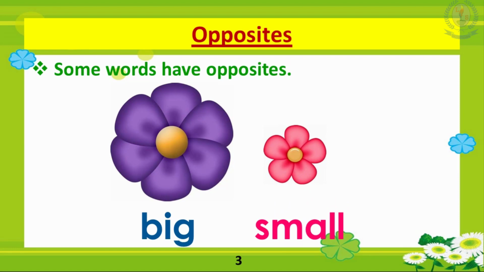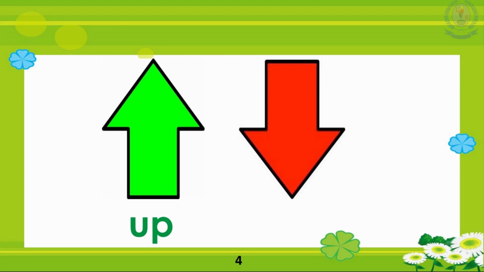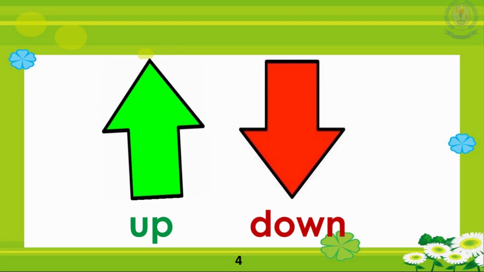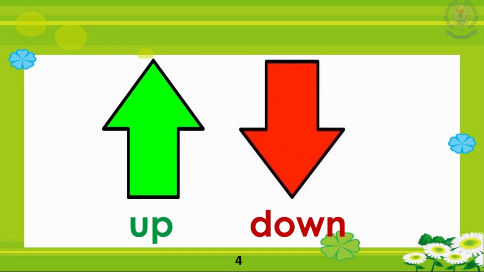Small is the opposite of big. Okay, dear kids. Now look at this. This is up. And this is down. Up and down. Down is the opposite of up.